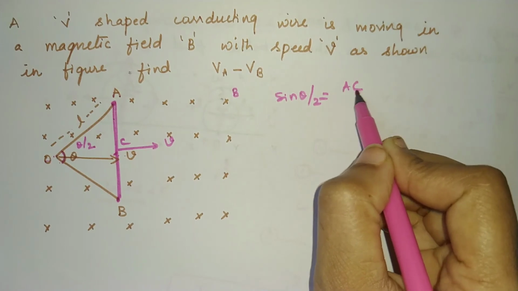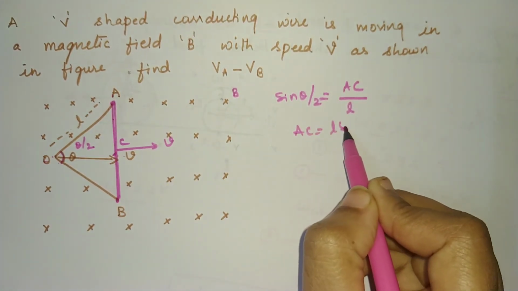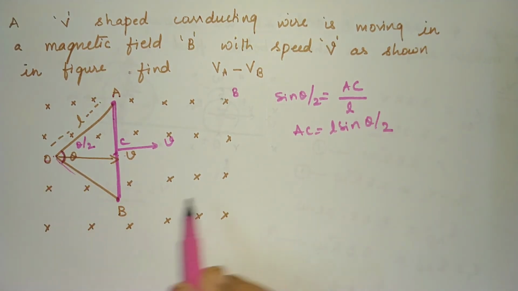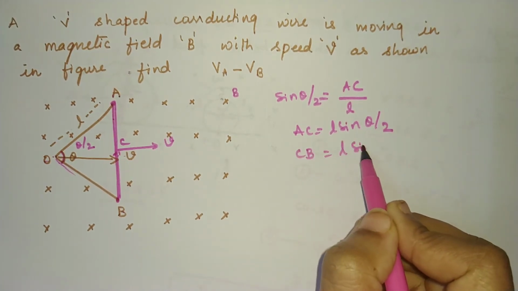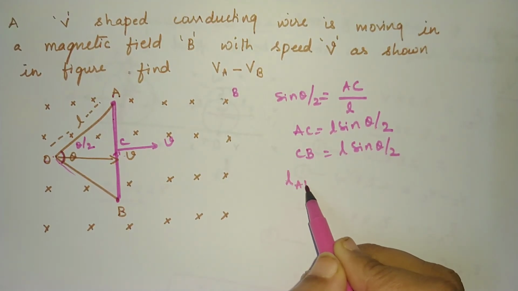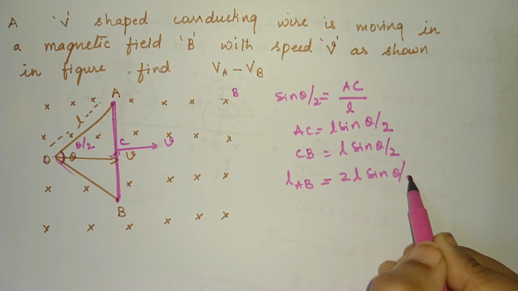AC divided by L, or AC is equal to L sine theta by 2. Similarly, for this conductor, CB can also be written as L sine theta by 2. So the effective length from A to B will be 2L sine theta by 2.